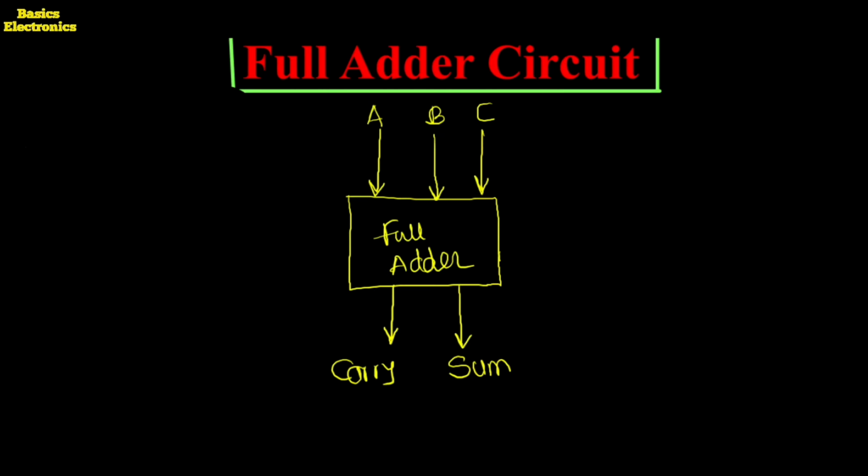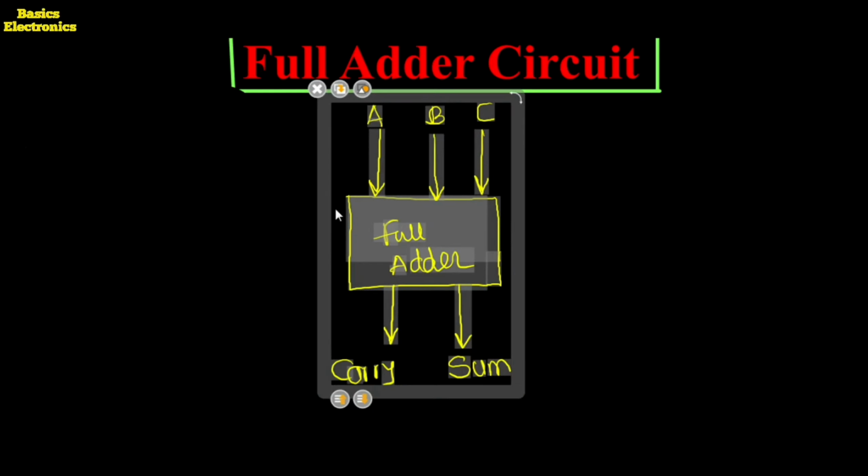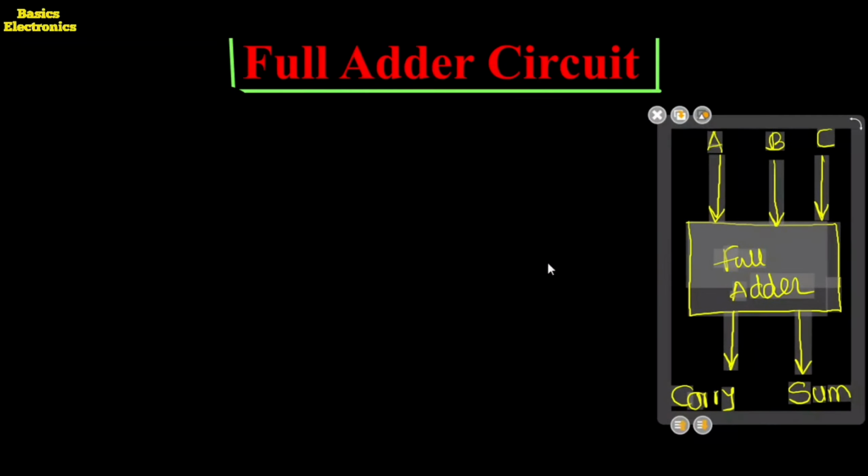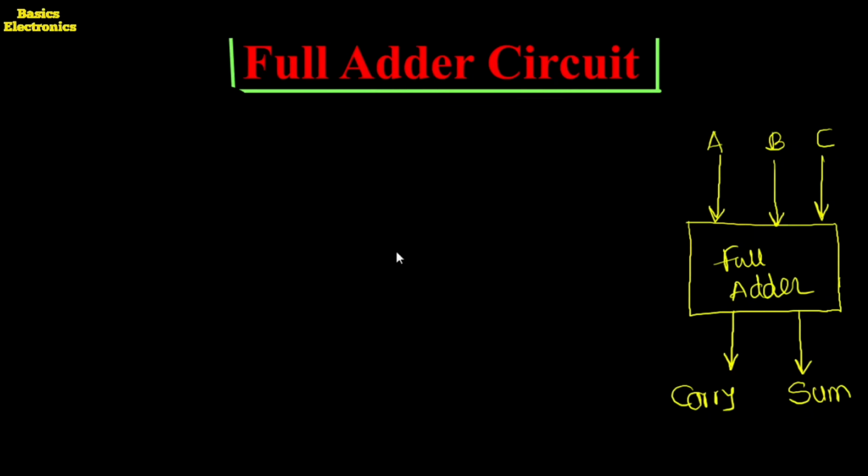Suppose we have 3 inputs, A, B and C. Here we have to make an arrangement where every AND gate has 2 inputs from the 3 available inputs A, B, C.